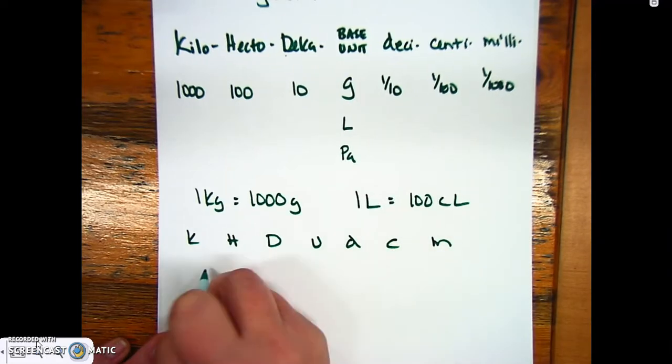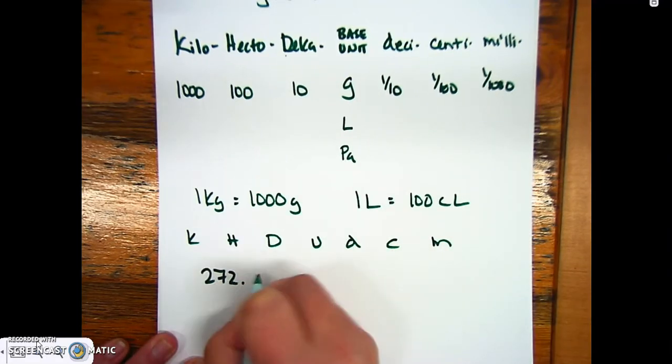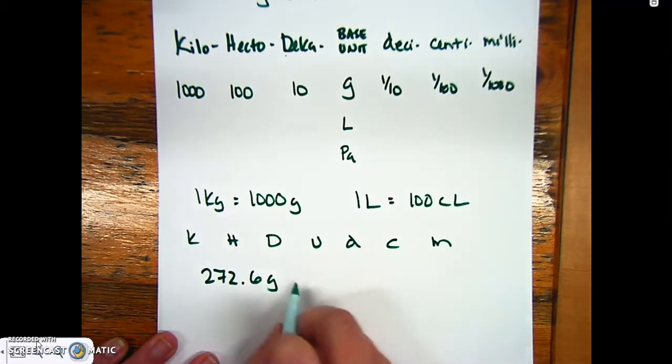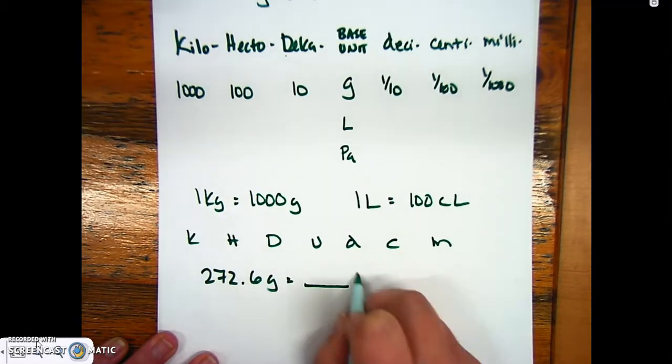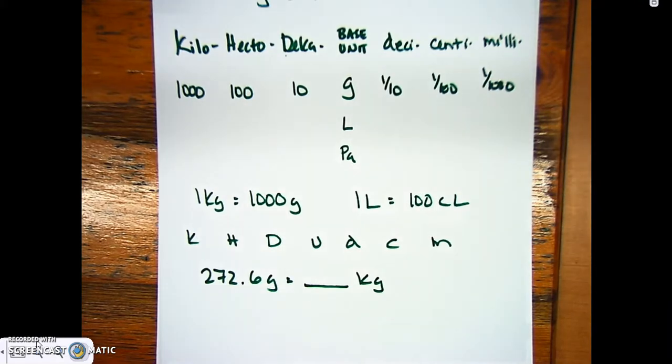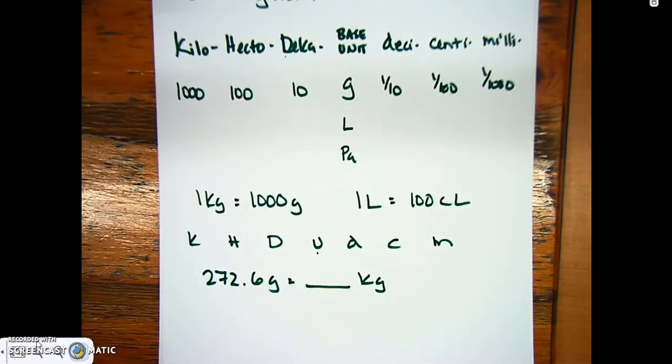So let's say you have 272.6 grams of something, and you want to know, how many kilograms is that, right? In order to convert, we can just look and see what is our unit here. It's G, which is our base unit. So we're starting here in U. And I just need to move over to the K to figure out how many decimals I need to move and in what direction.